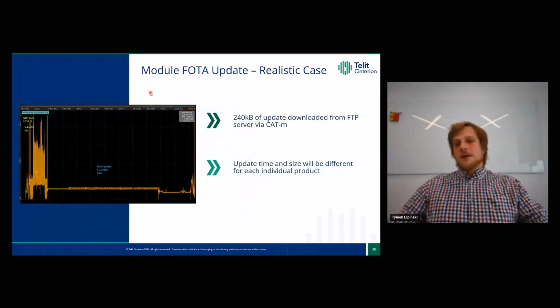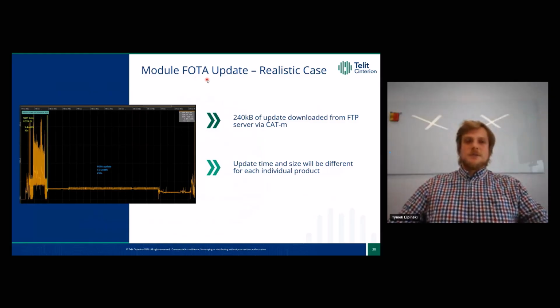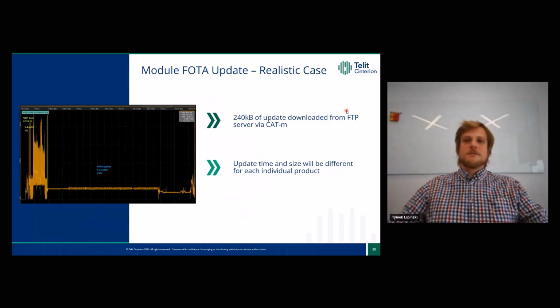Let's look at a current capture of a realistic case using firmware over the air update. I have specifically selected a very nasty one that is long and quite big. That was 240 kilobytes of incremental update downloaded from an FTP server via a CAT-M network.